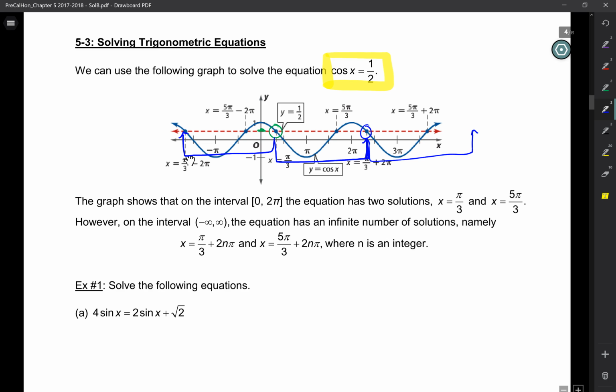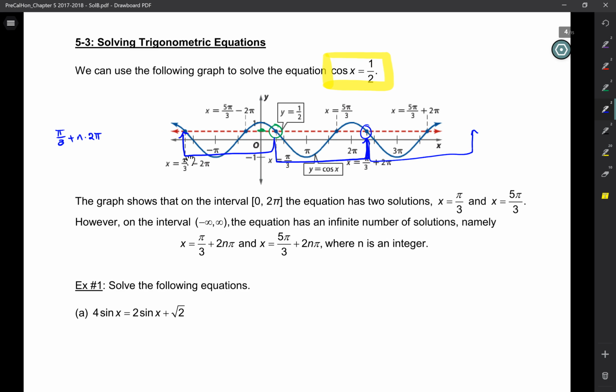So another way to write that is pi over 3 plus a series of 2 pi's. So plus n times 2 pi, right? So if I go from pi over 3 by 2 pi, and then twice 2 pi, and then 3 times 2 pi, and then 4 times 2 pi, or negative 1 times 2 pi, negative 2 times 2 pi, then I hit all of those points.